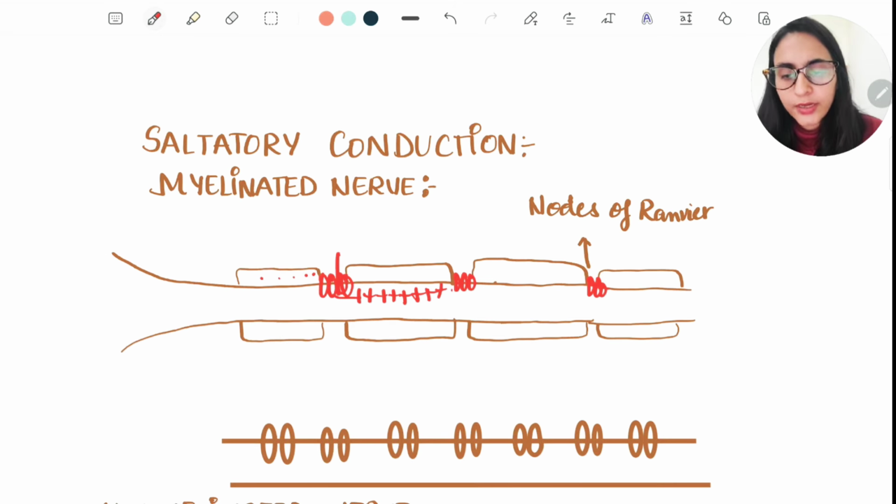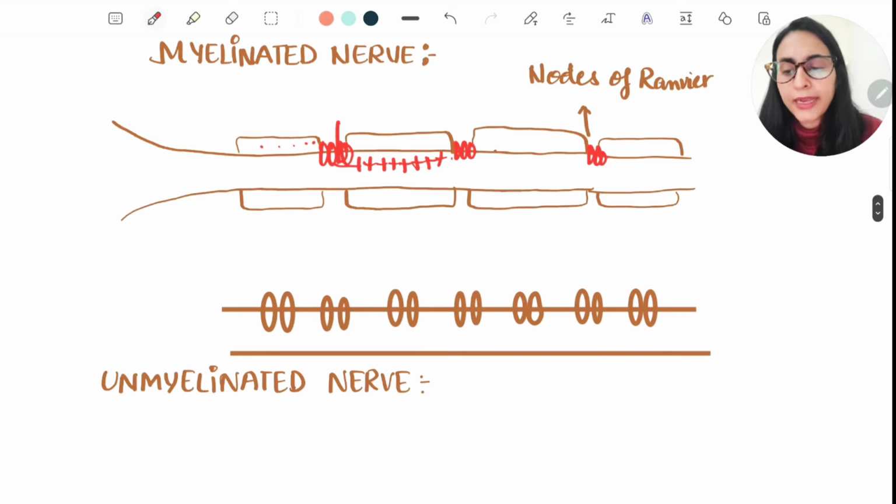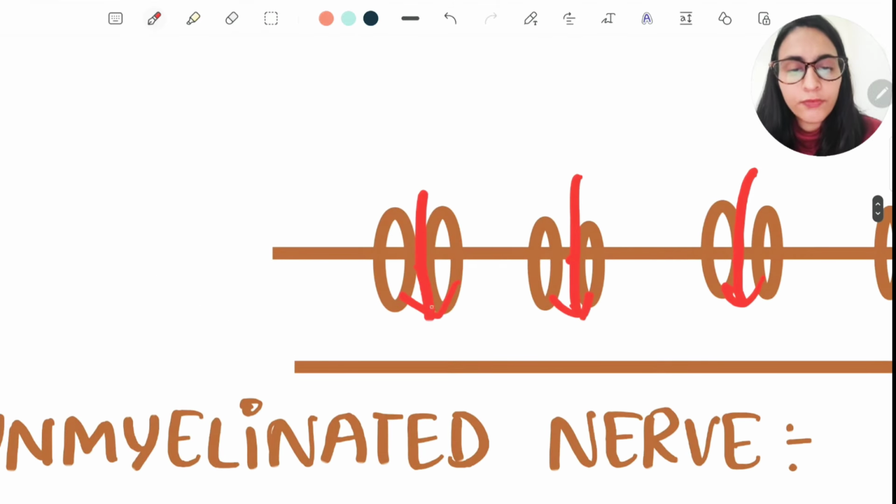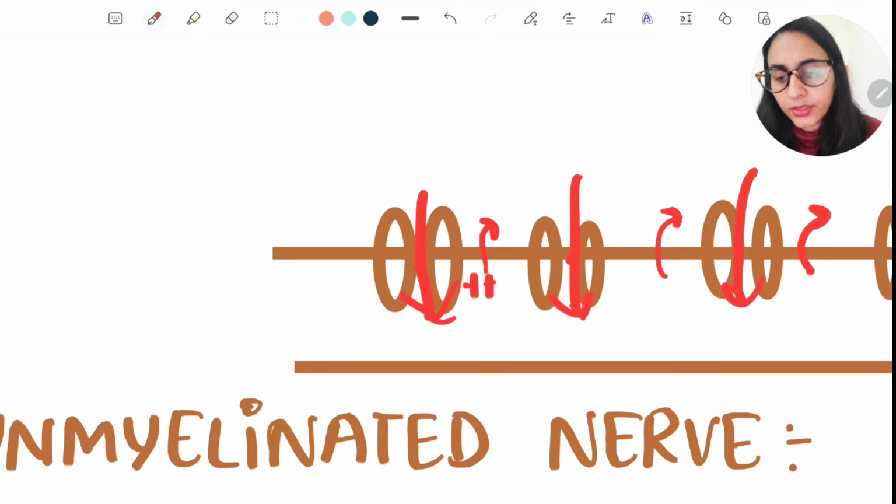While on the other hand, in case of an unmyelinated nerve, there is no myelin sheath protecting it. So sodium channels are located at a regular interval. This is a local circuit flow in which the sodium is coming from the sodium channel, and we have ions leaking out in between these sodium channels in the unmyelinated nerves.